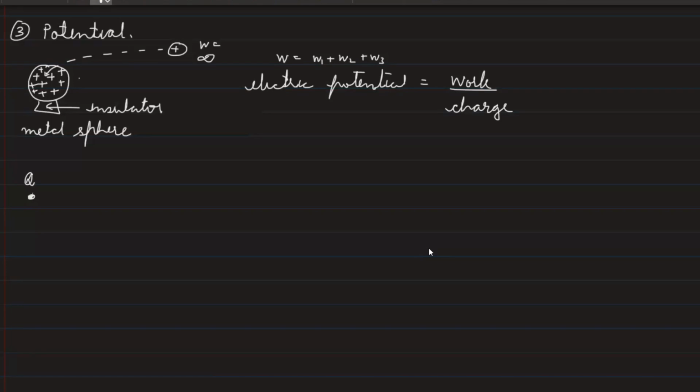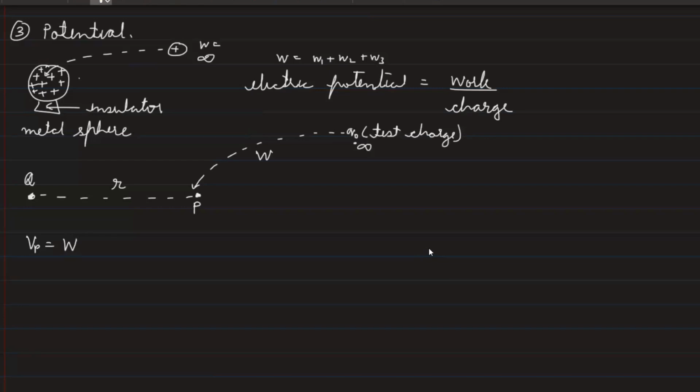So imagine there is a charge Q over here, and at a distance R from point Q, there is a point P. And you want to know the potential at point P. From infinity, if you bring a test charge to that particular point, remember, this is a test charge, the work that you do to bring it from infinity to that point is equal to the potential at that point.